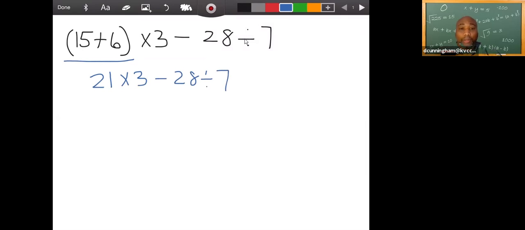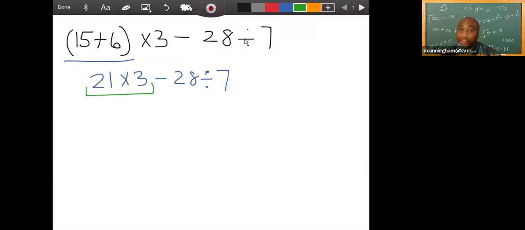So parentheses is number one. Number two is exponents. Are there any exponents in this particular problem? The answer is no. So since there are no exponents, we'll jump down to number three, which is multiplication and division, of which there are some here, from left to right. Watch how I'm going to do this. I'm actually going to multiply 21 times 3.